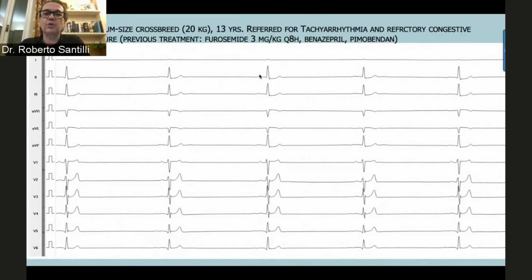A pharmacological cardioversion can be obtained just with a class 3 agent in dogs, so amiodarone, in some particular cases, and in humans with a class 1C, so mainly propafenone. So this is the main drug to cardiovert pharmacologically.